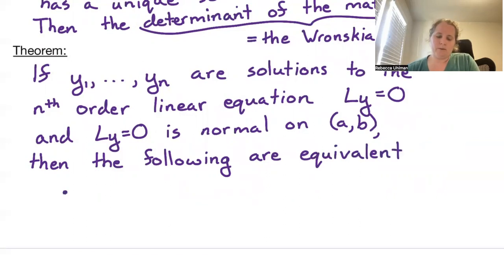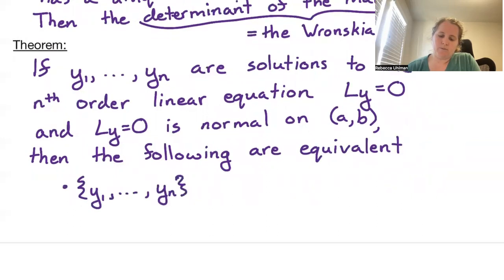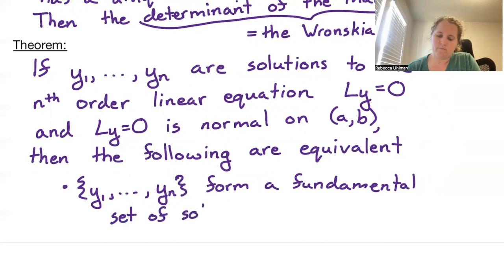So first up is that y1 through yn form a fundamental set of solutions to Ly equals 0 on AB.